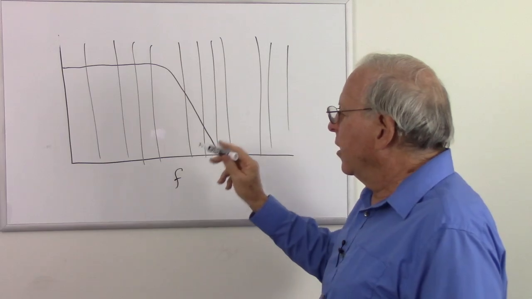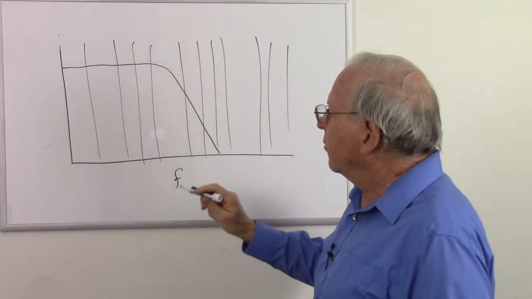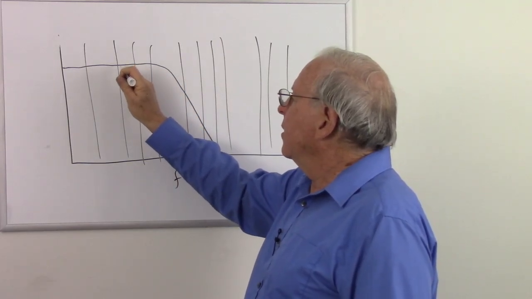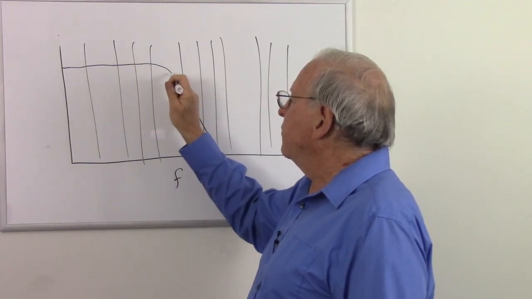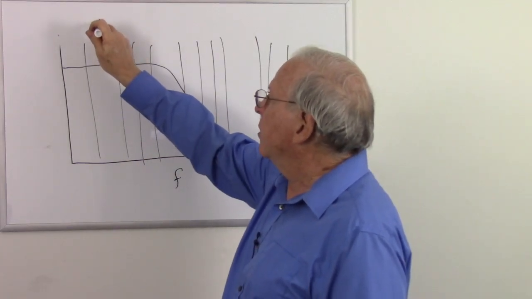This will appear to be a straight line because of the logarithmic nature of the scales, and so it's going to drop off at a certain rate. And the point where the resistance equals the capacitive reactance, depending on whether it's a high-pass filter or a low-pass filter, this is obviously a low-pass filter.